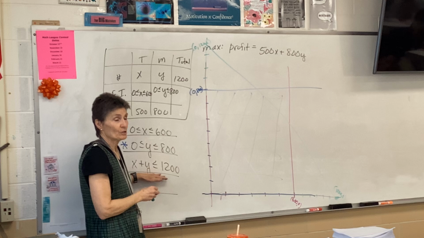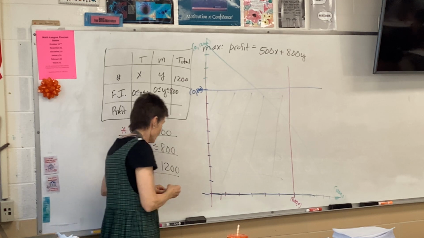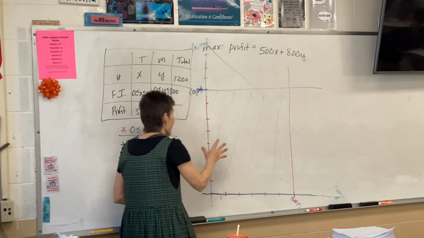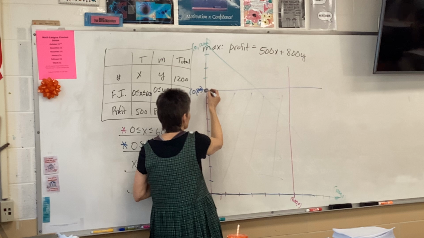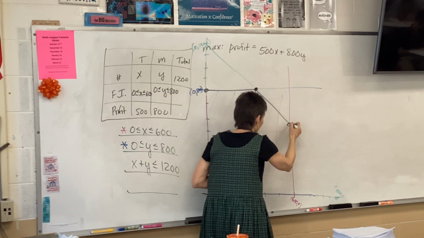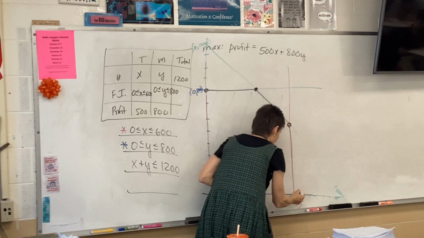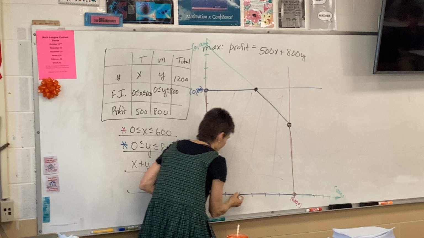And where is that one shaded? Down. So I am inside my box, but below the green line. So I'm going to go ahead and sketch what I think it looks like. What do you think?